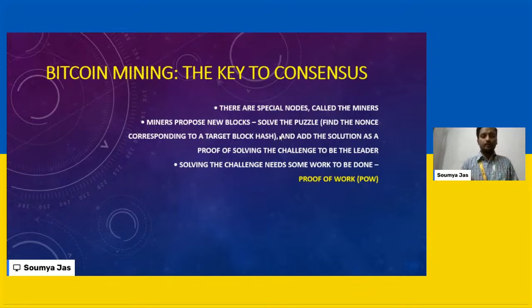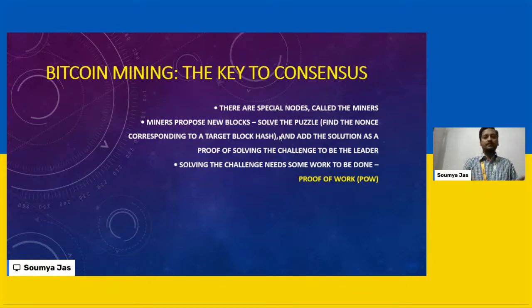Now the competition gets started, and the same thing gets repeated by solving a puzzle and adding that to the network. In this process we need to solve a hard puzzle. We need to find out the nonce or the hash value of any transaction that is happening.